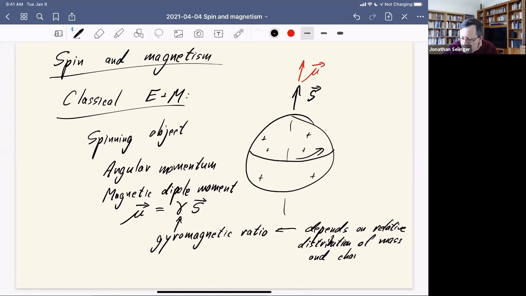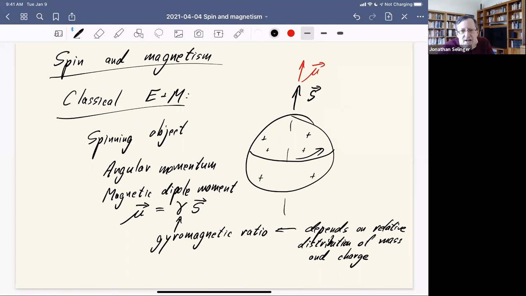If the mass is all near the center and the charge is out near the edge of the ball, then the spinning mass makes a relatively small angular momentum, but the spinning charge that's farther out makes a big magnetic moment.